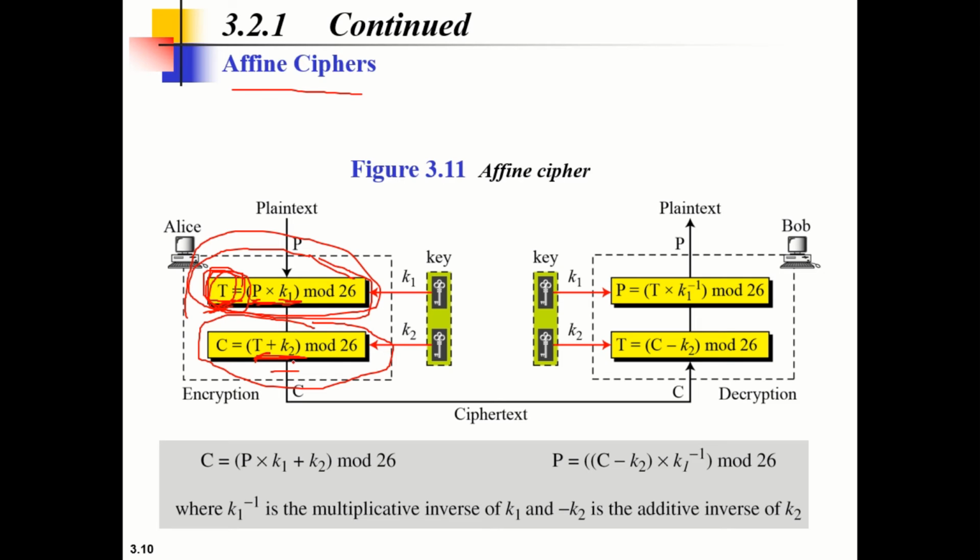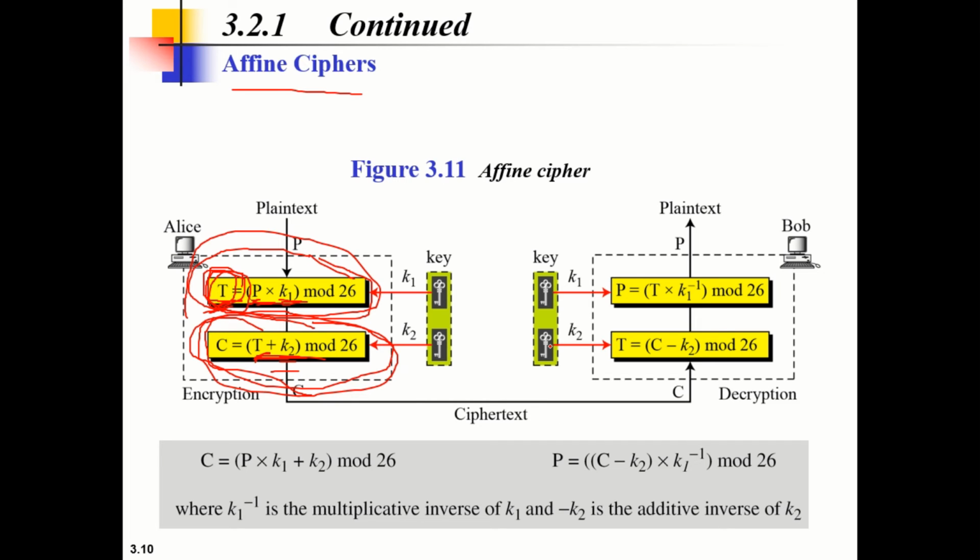Here we are multiplying, here we are adding. That is why we say this is the multiplicative cipher and this is the additive cipher. So the ciphertext, or the encrypted message, you get after this step. This is how we perform the encryption at the sending end.